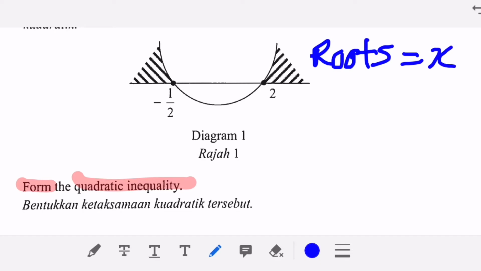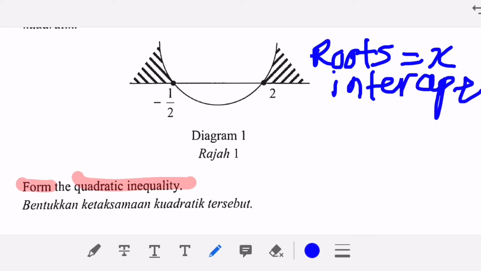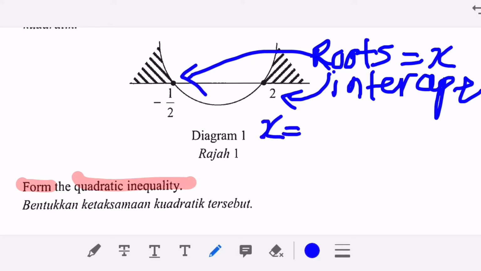So the moment we see quadratic inequality, we will find the x-intercept, and the x-intercept for a quadratic function is actually the roots. Okay, this is a concept. So whenever you see x-intercept, that is the root. So you can write the roots: x equal to 2, x equal to negative half.